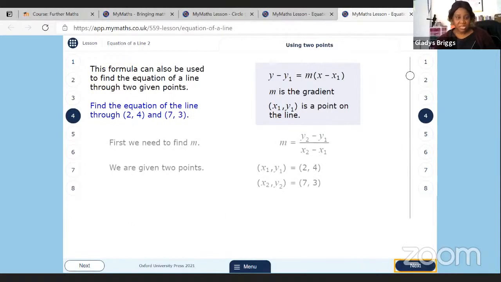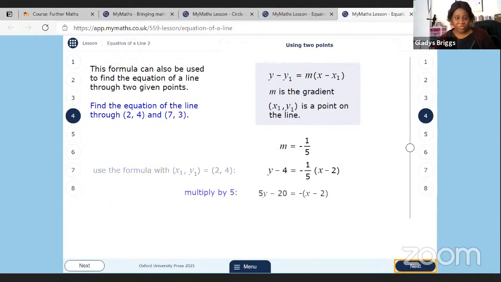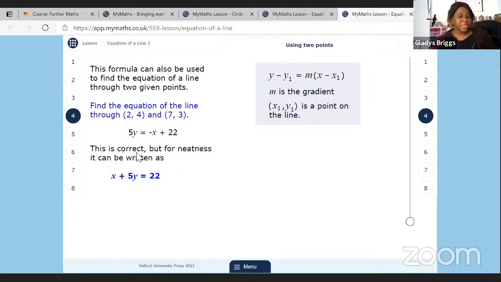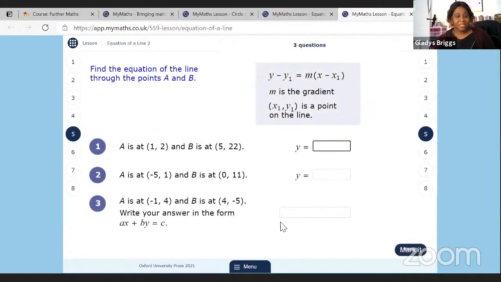So that wasn't explained. It's ax plus by is equal to c. It's the same problem, but they just reworded it, okay? So have a go at the last question, question 3.